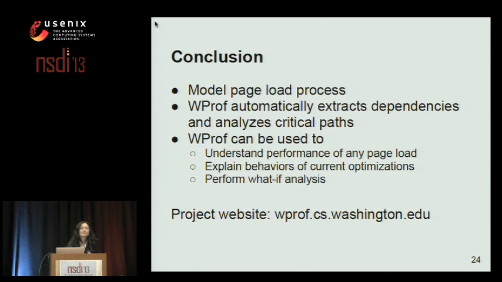Hello, this is great work, thanks. I'm curious as to whether the models you construct out of WProf will be able to predict what the benefits from parallelization, like on multiple cores, will be. If you parallelize the web page load, how much will that help? Can your model predict such a thing? Like on these slides, we show that we can do some what-if analysis.